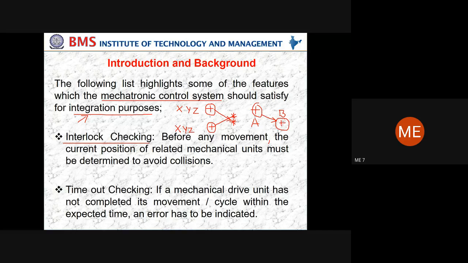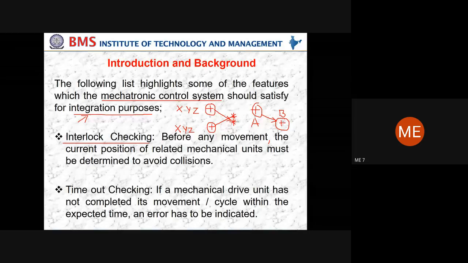When you move the object from the current position to the next position, there should not be any collision of the objects. That is the meaning of interlock checking: check the current position so as to avoid any collision.